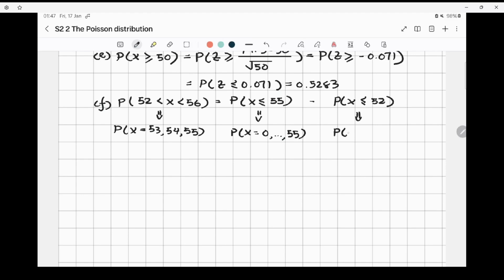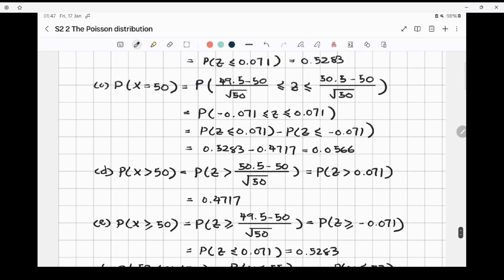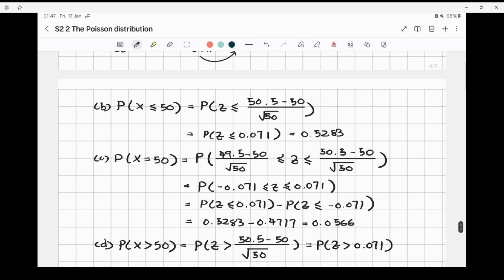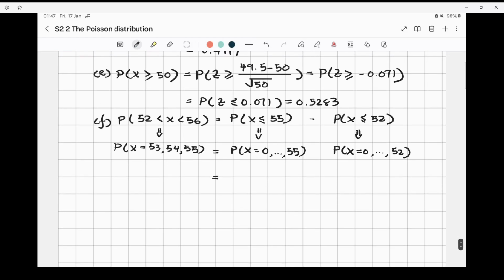This means that you have X equals to 0 up to 52. So from up to 55 minus up to 52, you get 55, 54, 53. And this is exactly the same as the left hand side. So then at this point, it will be easier for you to break down because I already demonstrated all the possibilities from A, B, C, D, E.